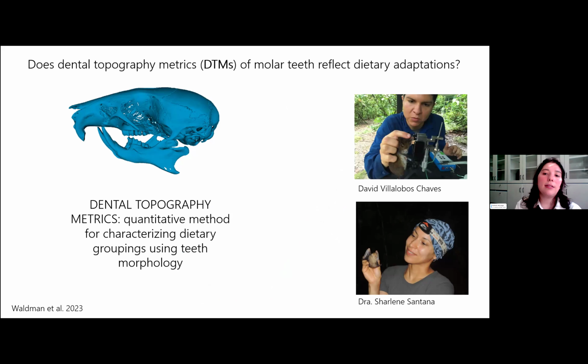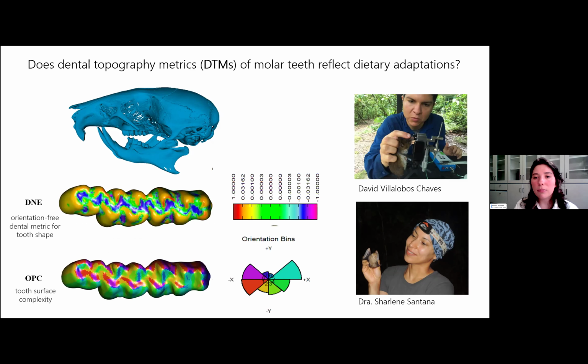David collected CT scans of akodontine species, the ones we are talking about here, including predatory ones, and created 3D models to calculate three dental topography metrics, which are quantitative methods for characterizing ecological or dietary groupings using tooth morphology. These metrics include shapes and angles of cusps and surface complexity, for example.